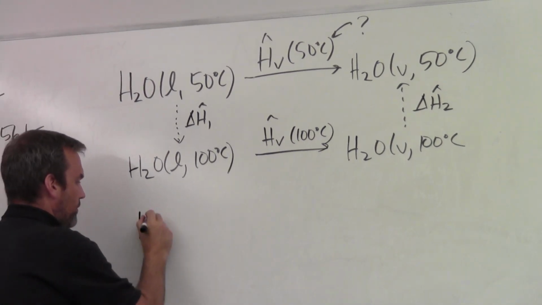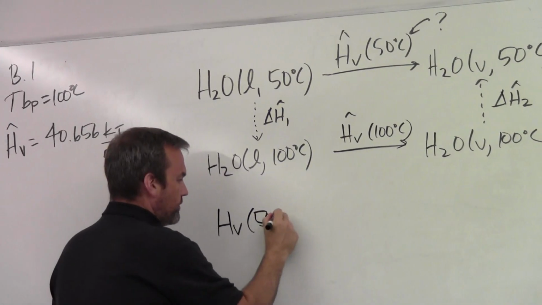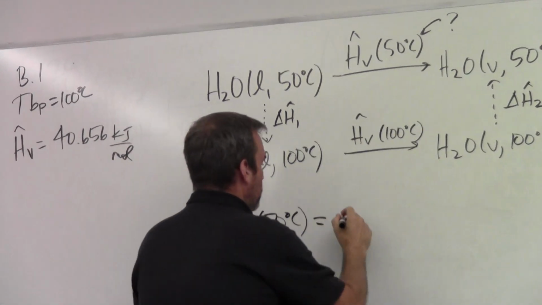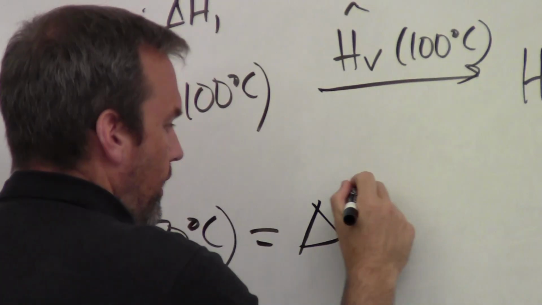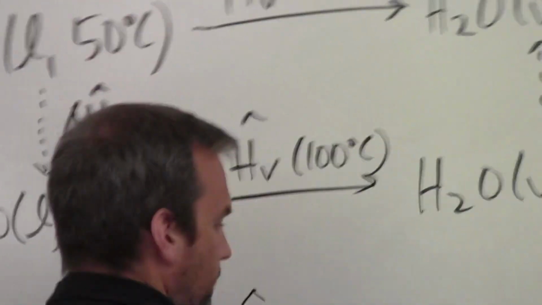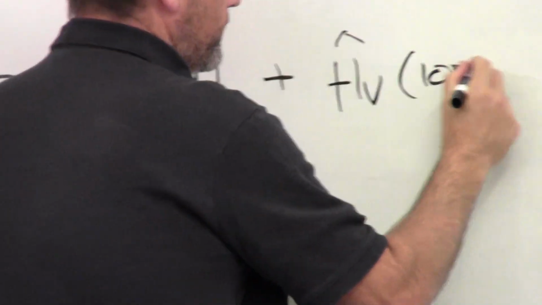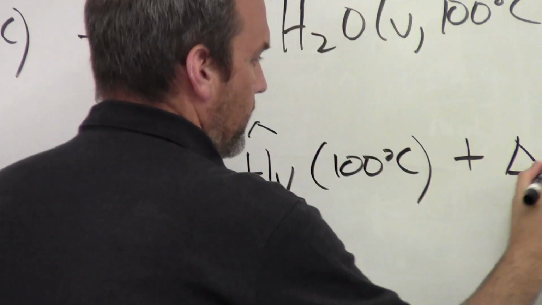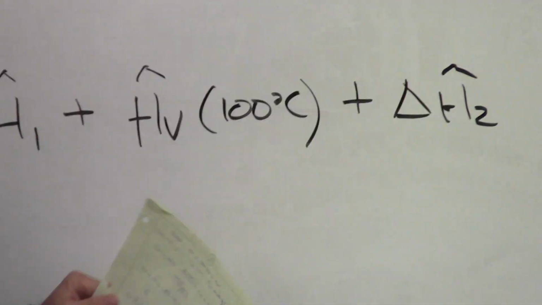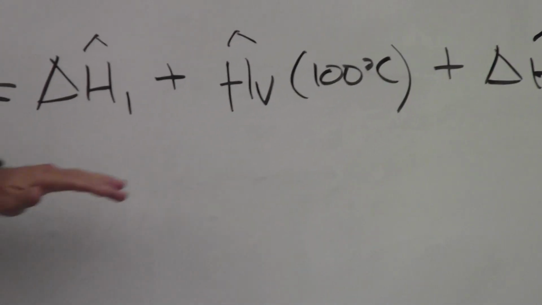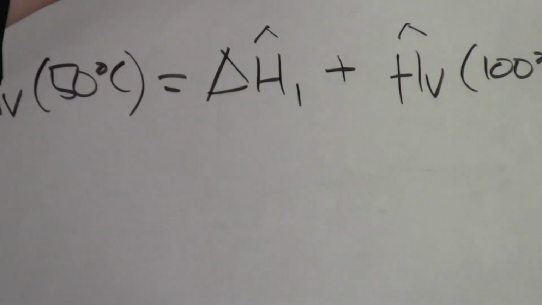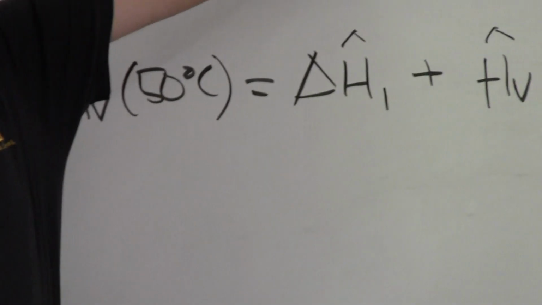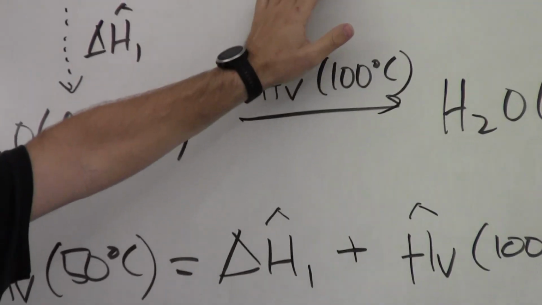So the truth is, the heat of vaporization at 50 degrees Celsius is going to be equal to delta H1 plus the heat of vaporization at 100 degrees Celsius plus delta H2. If I can get all three of these and add them together, that's going to be the same as this value up here.